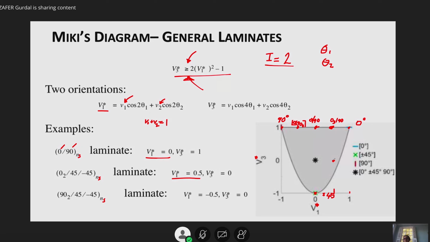Now, what is that point? Actually, geometrically, if you look at it, it's halfway along the straight line that connects 0 to plus minus 45. So this point here is 0 to plus minus 45.